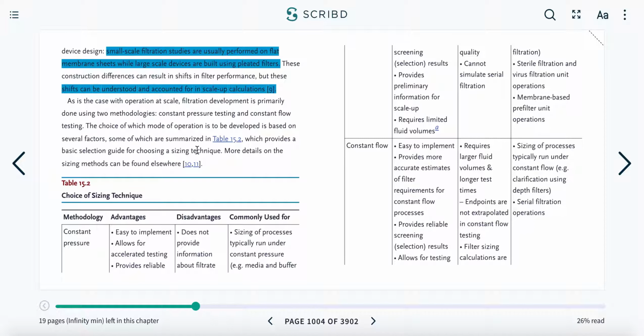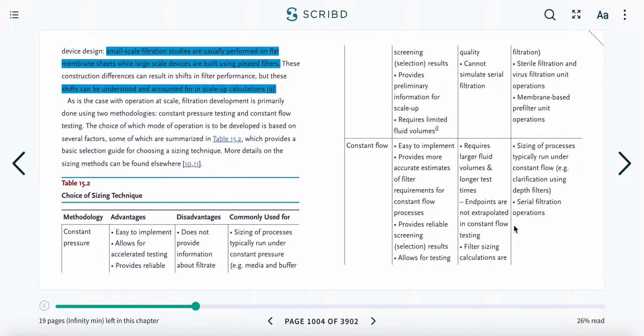So this paragraph talks about basically constant pressure and constant flow. So which one is easier? As you know, constant flow is used for chromatography and UFDF. It is easy to implement, provides more accurate estimates of filter requirement for constant flow processes, and provides reliable screening, but requires larger fluid volume and longer test times.